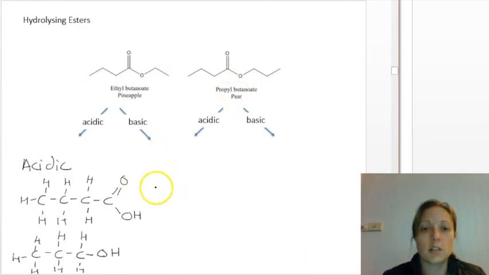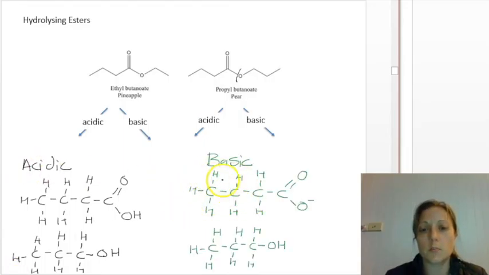So under acidic conditions, we've got propyl being the alcohol part. So we draw our line down the oxygen, we've got the 3 carbons, so we'll get propanol. And on the other side, we've got butanoate, so again we're going to get butanoic acid.